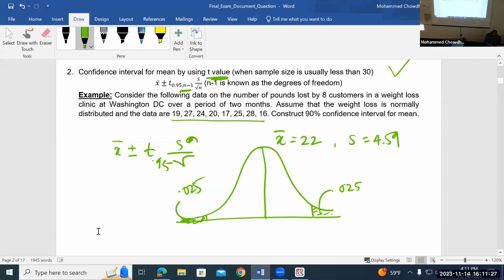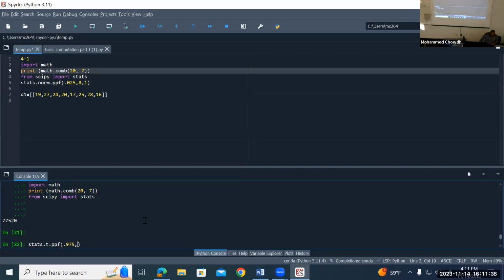Are you seeing there n minus 1? That is known as the degrees of freedom. So I want to put here 7, and let me see how the results.